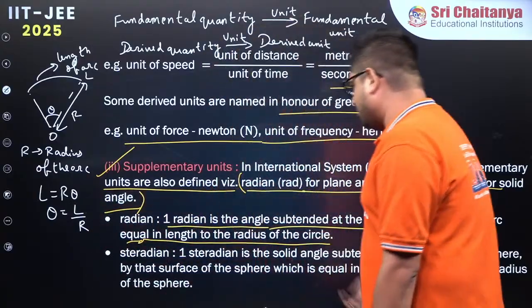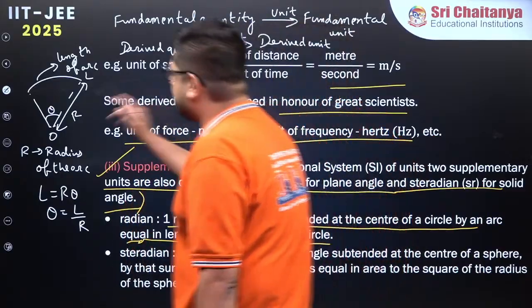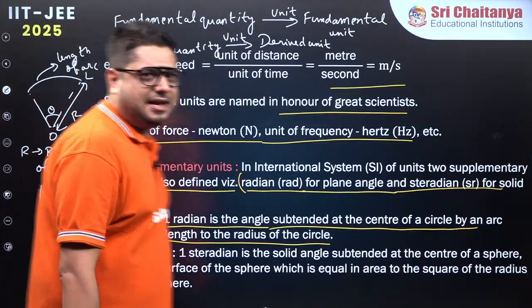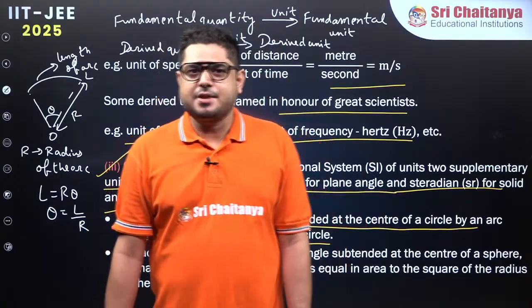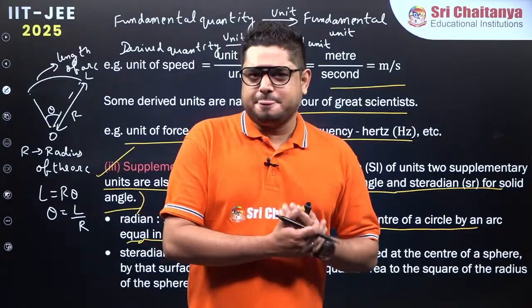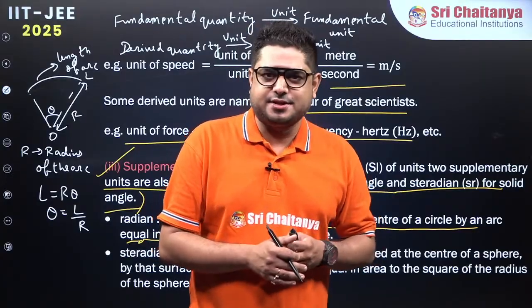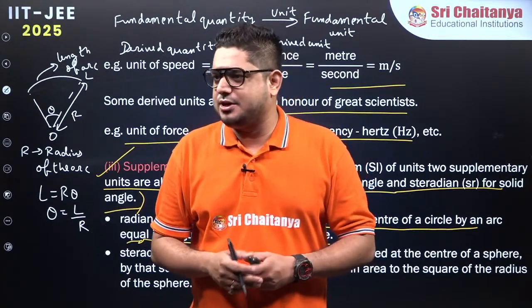Okay. So now steradian, that's the supplementary unit of solid angle. Solid angle is going to be discussed in the chapter named electrostatics in your class 12th JEE Advanced curriculum. Over there you will find Gauss law, a theorem which is used to calculate the electric field for symmetric objects, and in those cases the solid angle interpretation is going to be used.